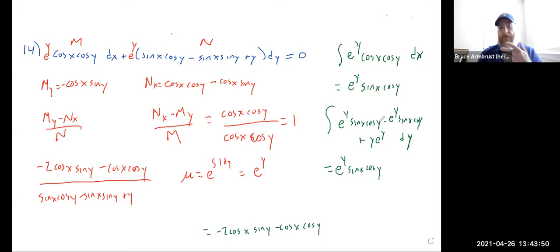So just it is. And then we're going to have to integrate the y e to the y, which I think gives us y e to the y minus e to the y.